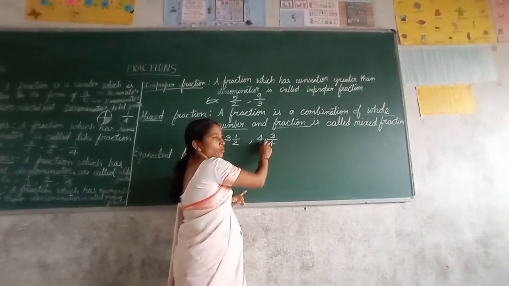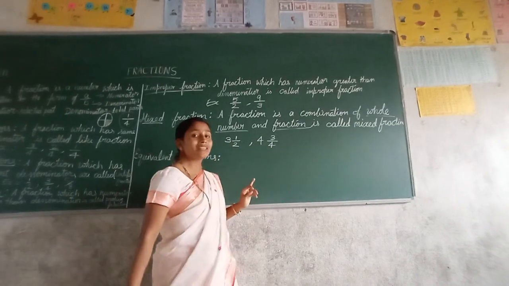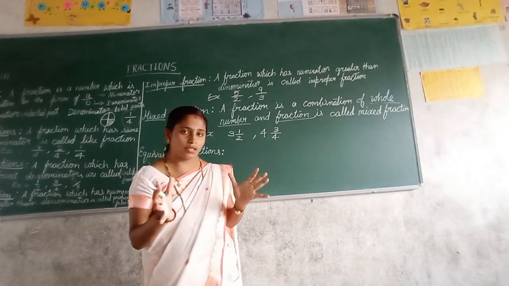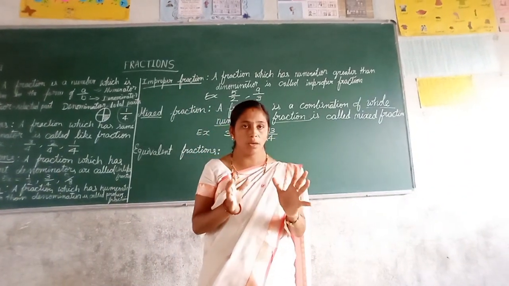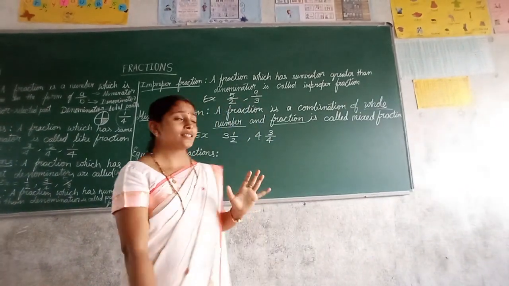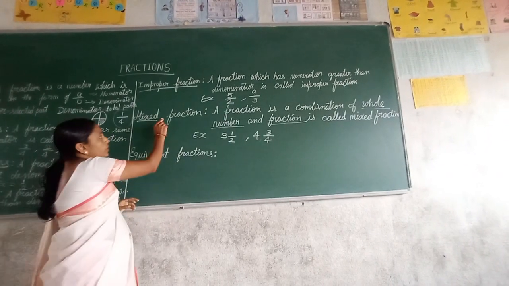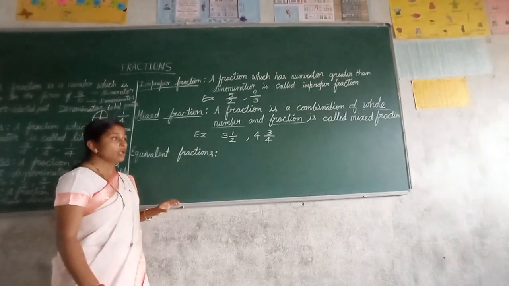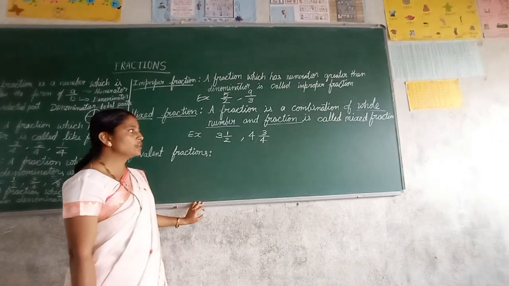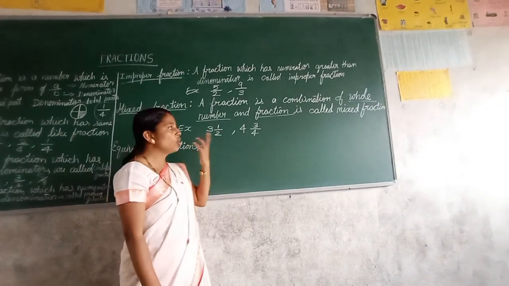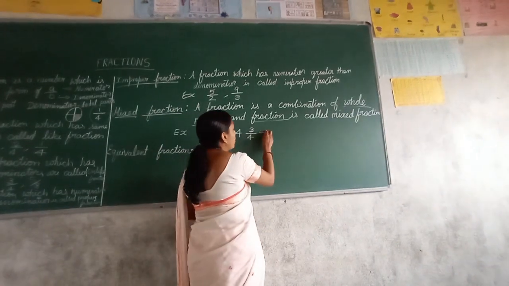Here 4 is the whole number, 3/4 is the fraction. So it is a combination of whole number as well as fraction. Hope you understood what we mean by mixed fraction. But the main thing is, my dear students, we can convert a mixed fraction also to an improper fraction.